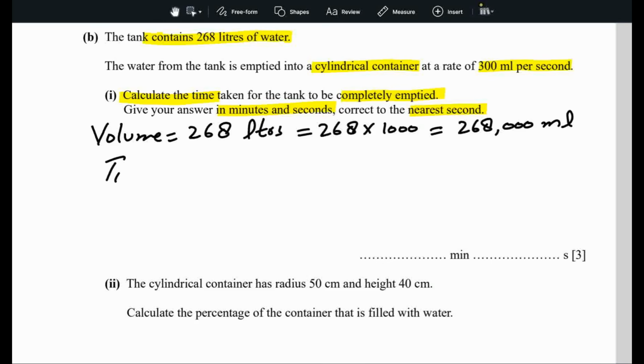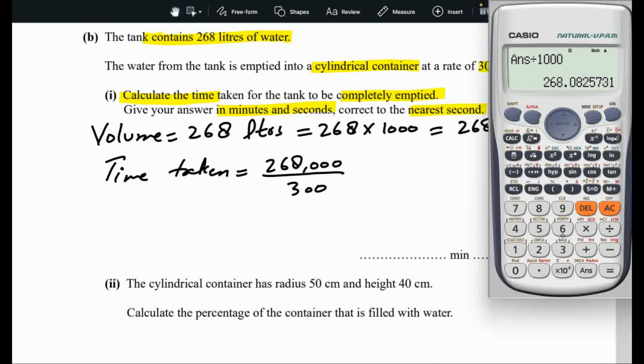Now time taken will be equals to 268,000 divided by 300, because the rate is 300. So if we divide it by 300, what will be the answer?